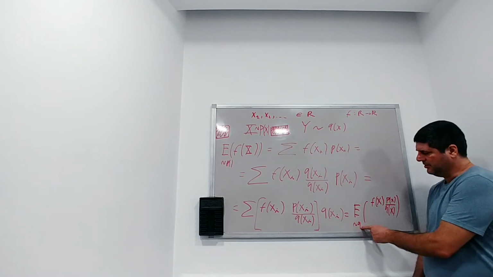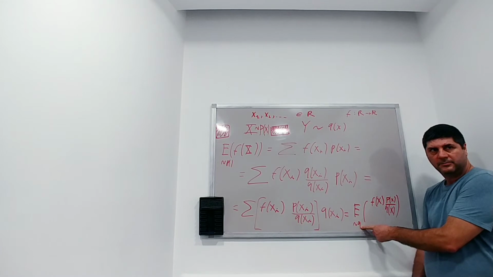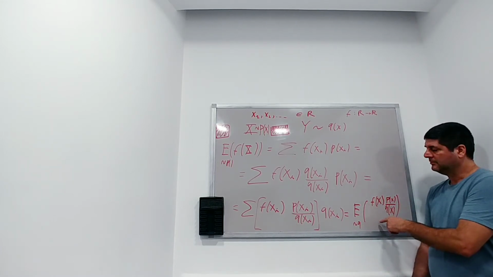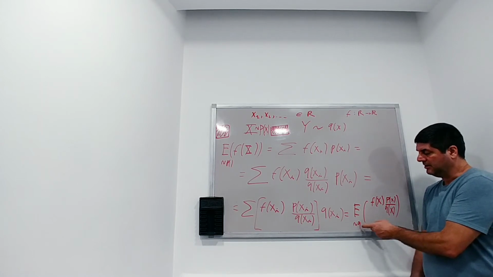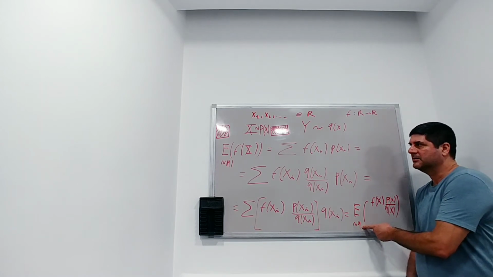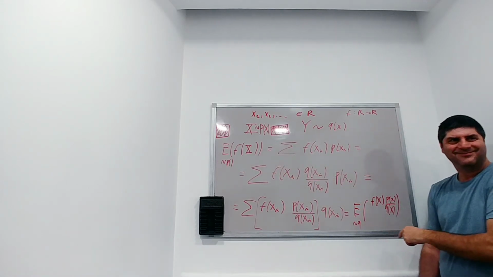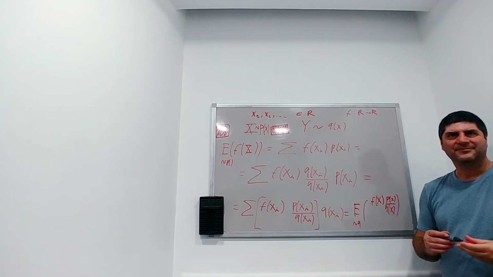So what I'm doing is I'll sample under Q, and I'll calculate this, take the average, and then I get an estimate of this average, because everything is equal. So that's the magic.